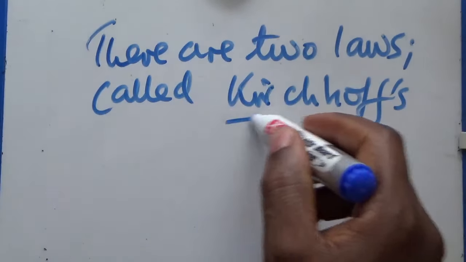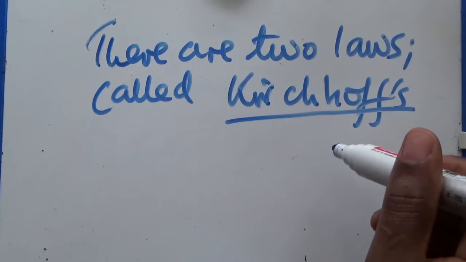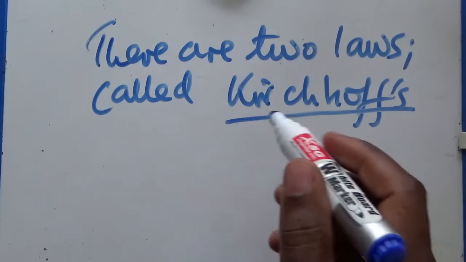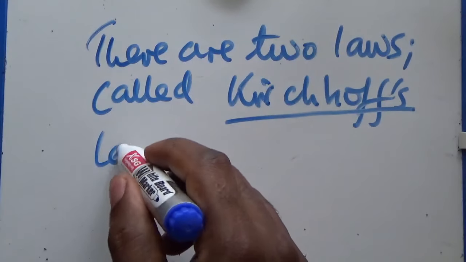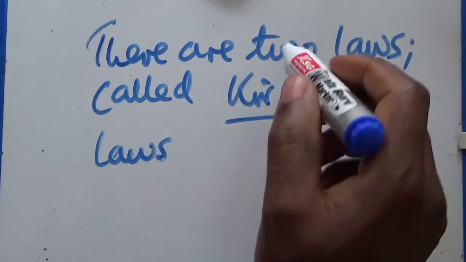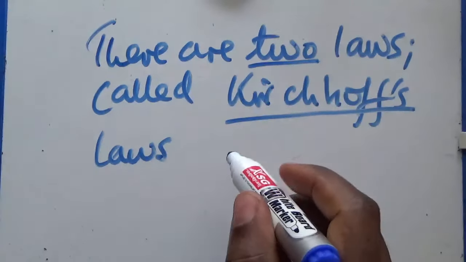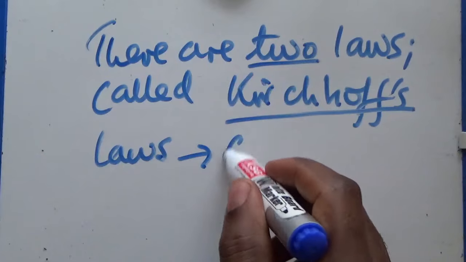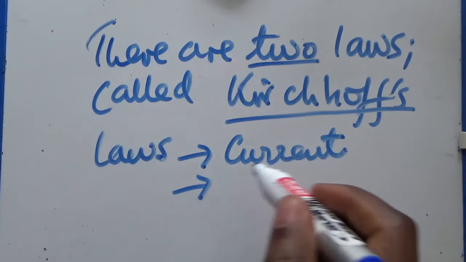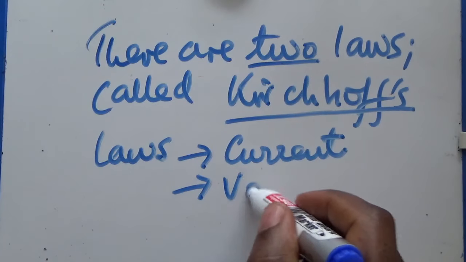Most people write Kirchhoffs in a wrong way, but this is the right spelling. These two laws, we have one concerning the current, and the other one concerning the voltages.